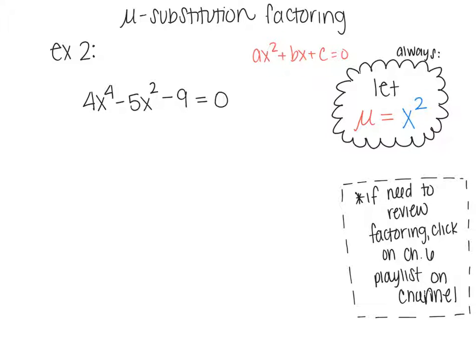I can rewrite this 4 to be 4x squared squared minus 5x squared minus 9. Now I can very easily see everywhere that there's an x squared, I'm going to replace it with a u. That is what U substitution says. So I'm going to fill in u's.